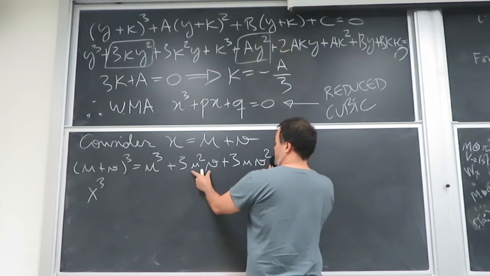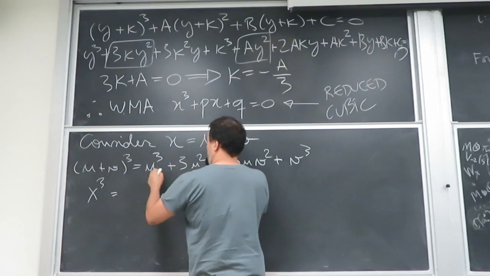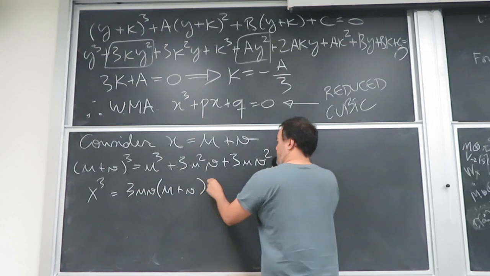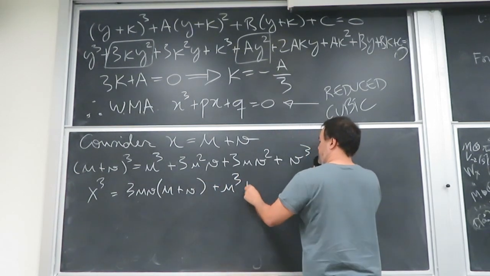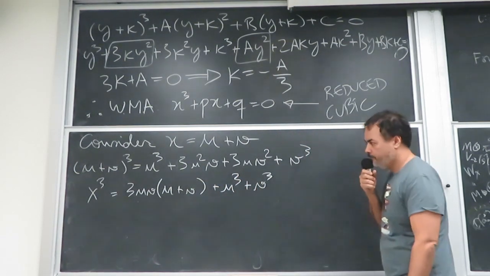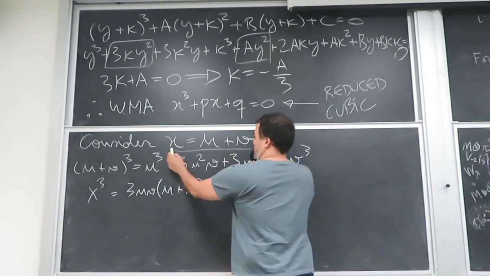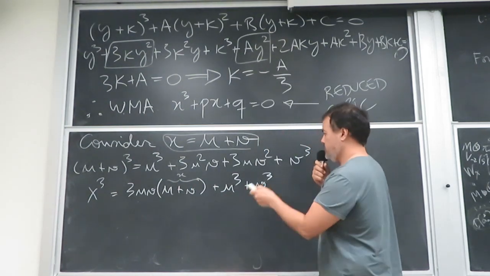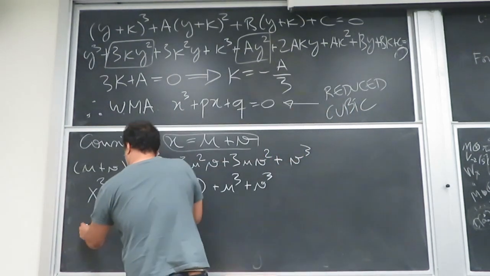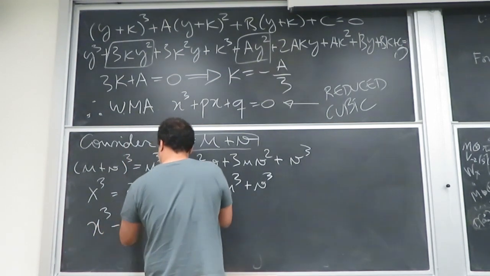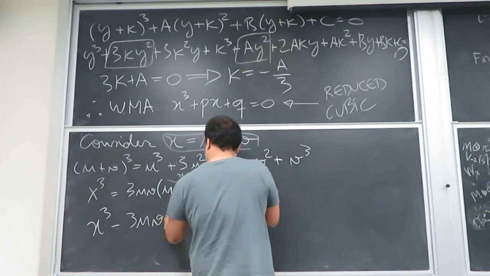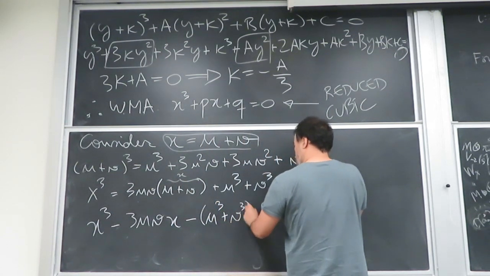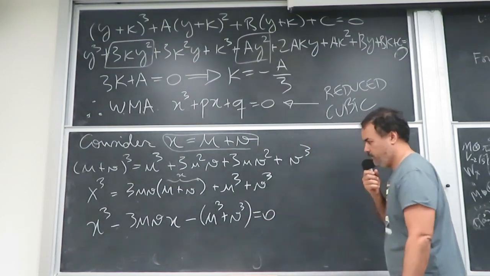Here we can put this together and say that this is 3uv times (u plus v), plus u cubed plus v cubed, and by definition u plus v is x. So we can put this on the other side to conclude that x cubed minus 3uv x minus (u cubed plus v cubed) equals 0, right?